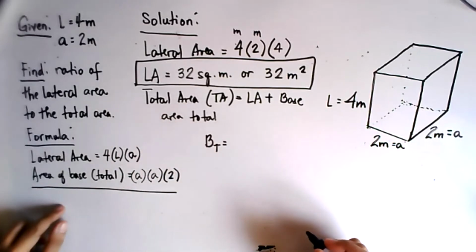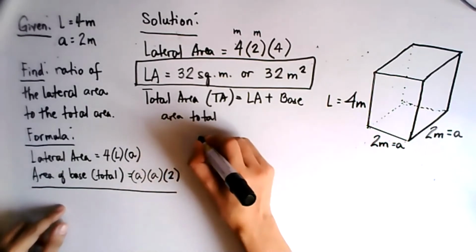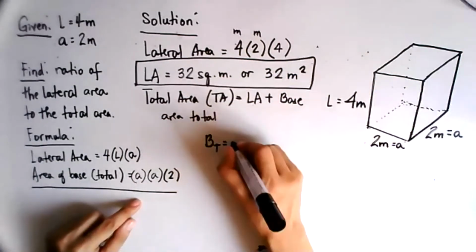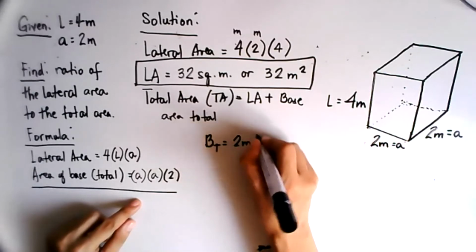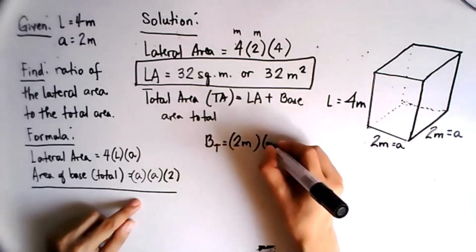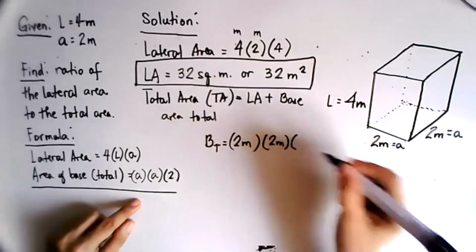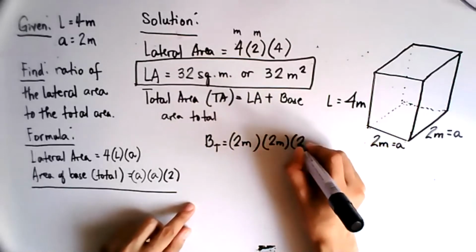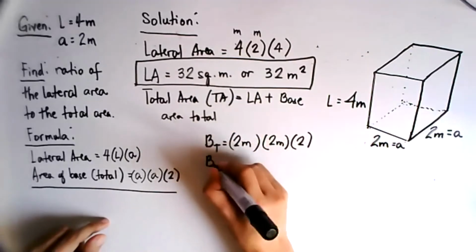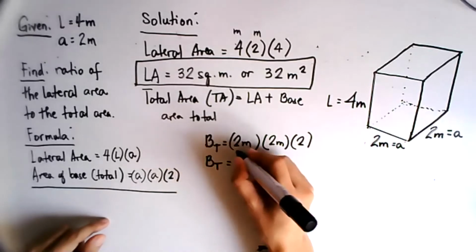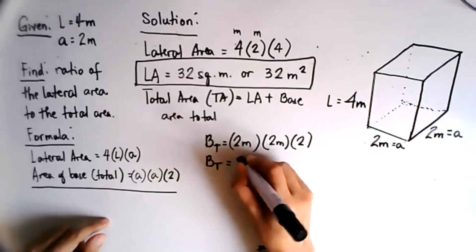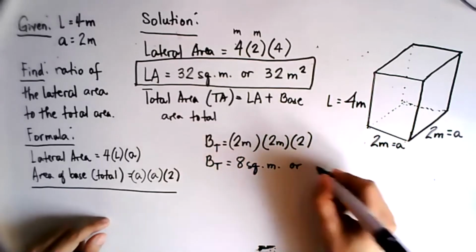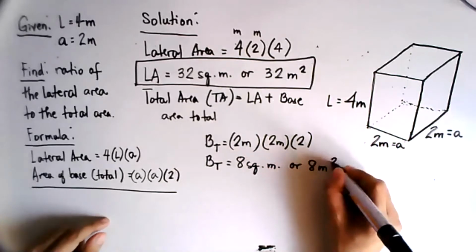That will be equal to, I have A, you have the base, 2 meters. Then you have another 2 meters. And then, how many bases do we have? We have 2 bases. So the total area of the base will be equal to 2 times 2, 4 times 2 is 8. 8 square meters.